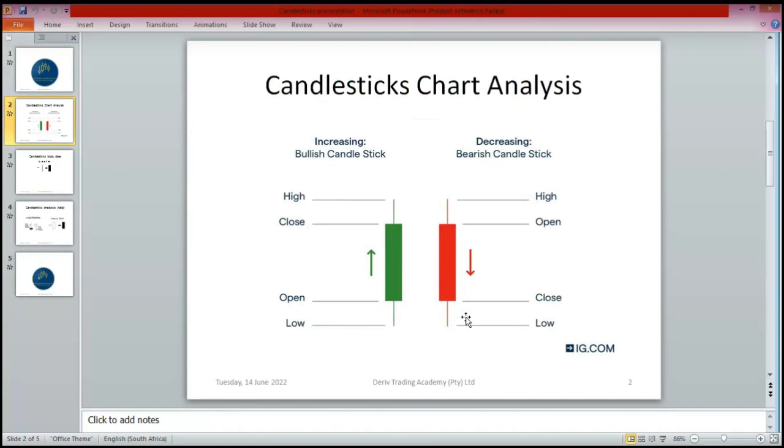Candlesticks are very flexible. They can be used alone to make a trade decision or in combination with technical analysis tools such as the moving averages and the momentum oscillators.